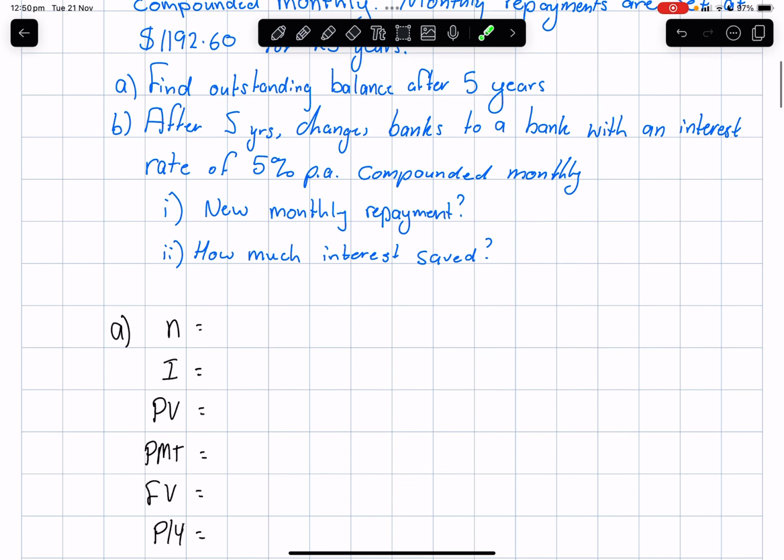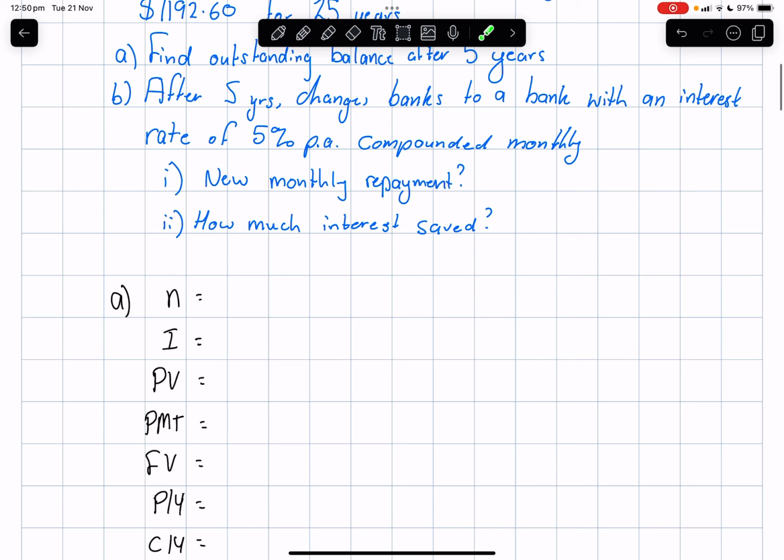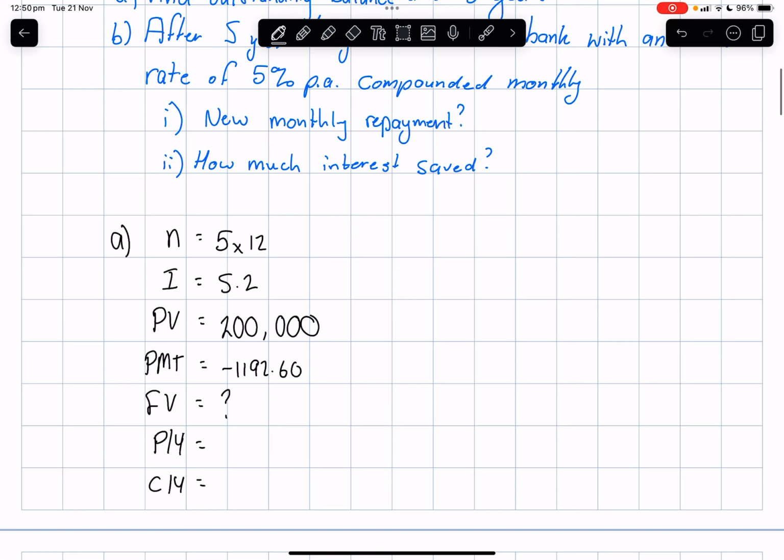So let's go through. Find the outstanding balance after 5 years. We know that we are trying to find the future value, so we'll put a question mark there. We've got 5 years times 12, 5.2%, a $200,000 loan, my PMT was minus 1192.60, and my PY and my CY are 12.